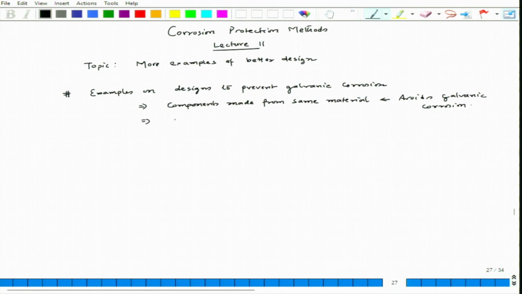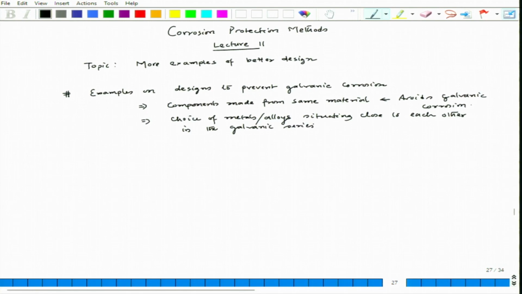If we have the same material, of course, that situation does not arise, but it is difficult in most cases. The second case, we should make a choice of metals and alloys situated close to each other in the galvanic series.